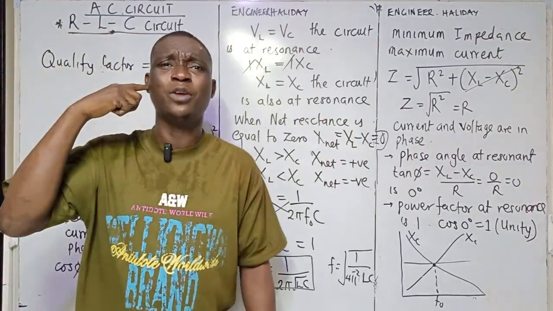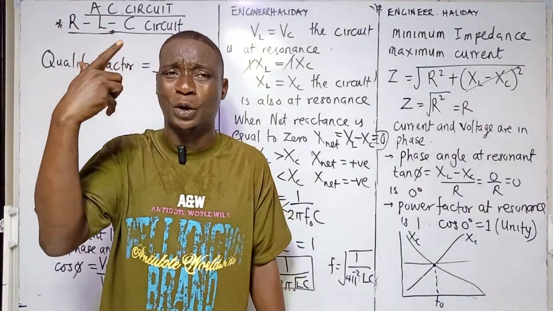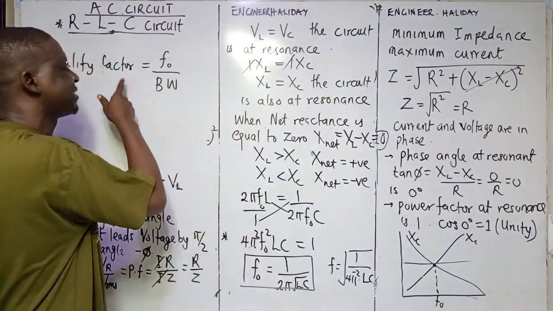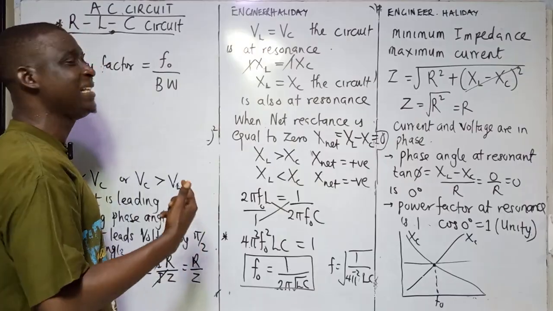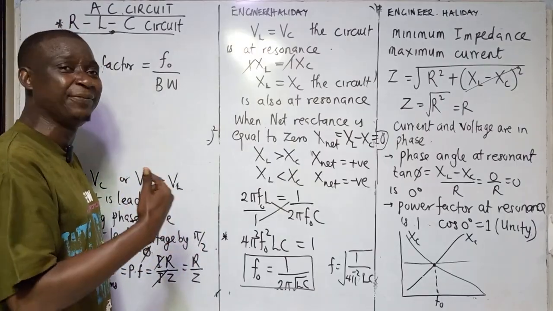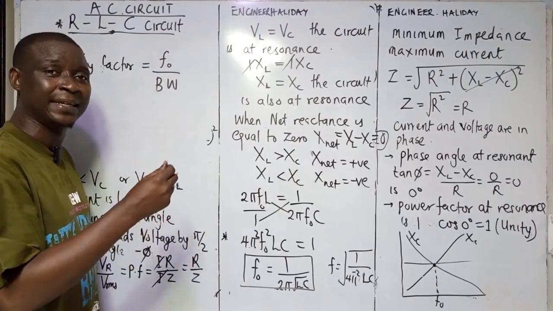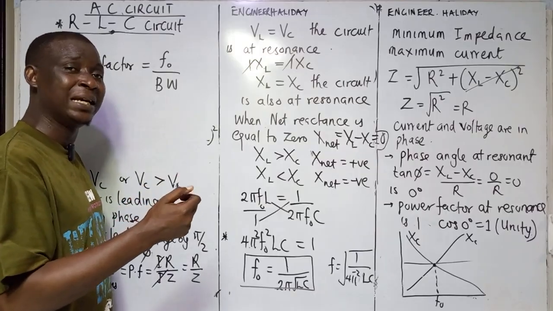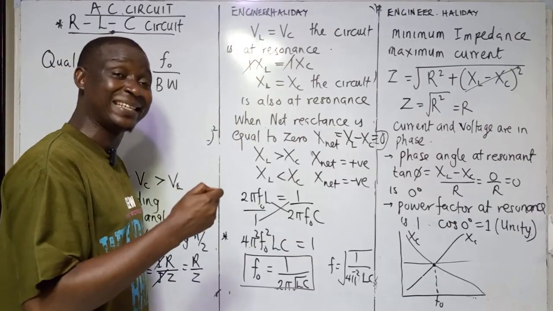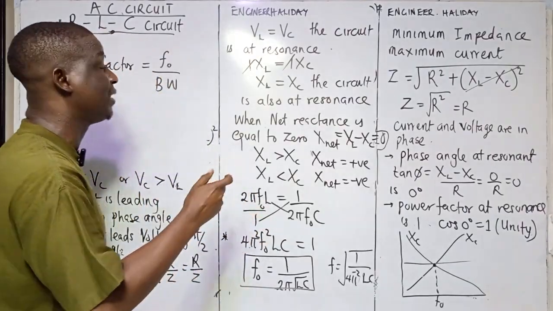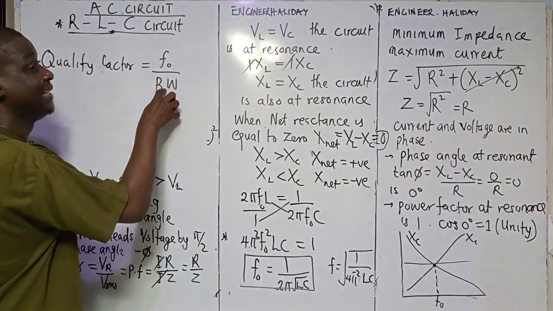Note that with some stations that you tune to, you begin to hear some noise because the quality factor of that station is not better. A high quality factor helps with better selectivity when you are selecting such a station, because the bandwidth is narrow.